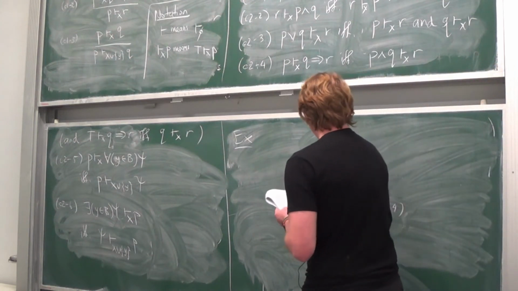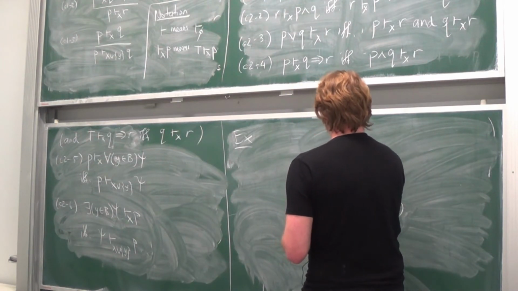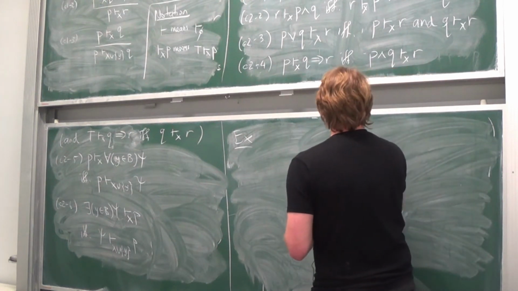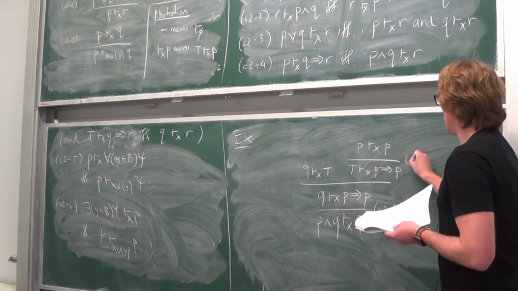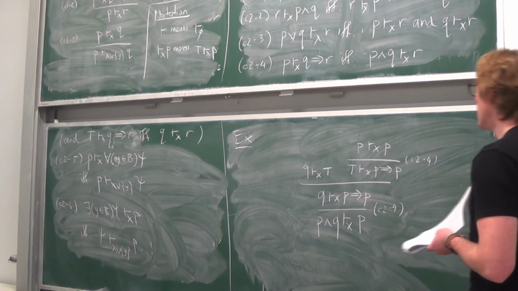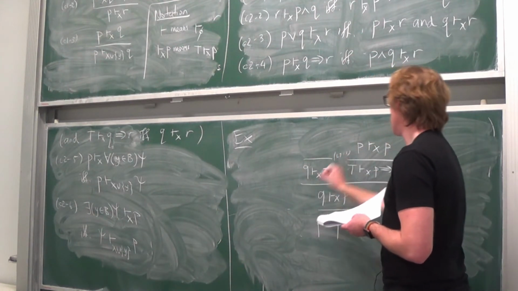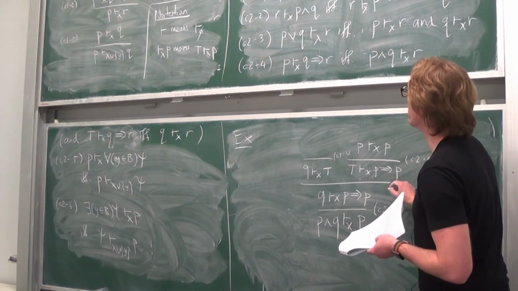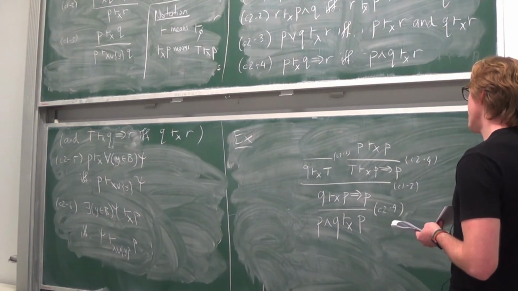And how am I getting this? This is the addendum to C24. This was C21. This was modus ponens, C12.